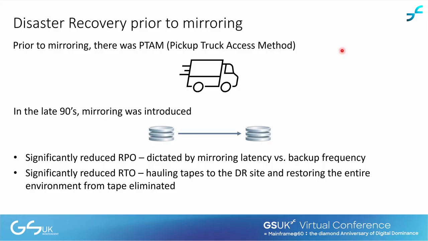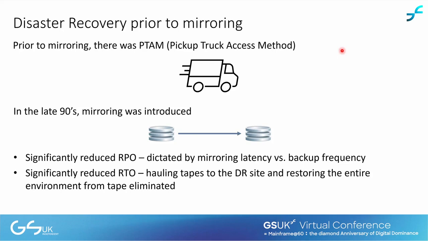And with that, the recovery point objective could be minutes, hours, depending on how many times you decided to take a backup of that data. In addition, we significantly reduce your recovery time objective as well, because instead of having to haul tapes to your DR site, you're now able to restore your entire production environment from the tapes that are already there at your DR site.